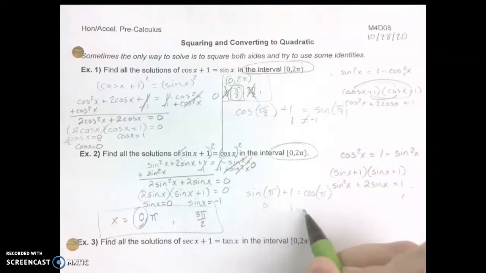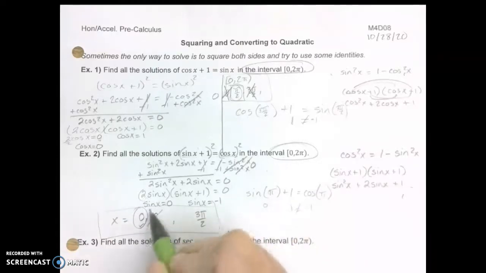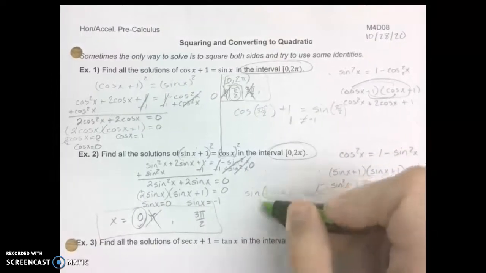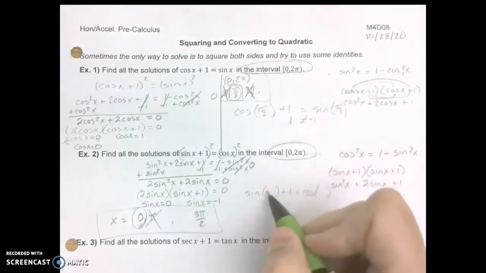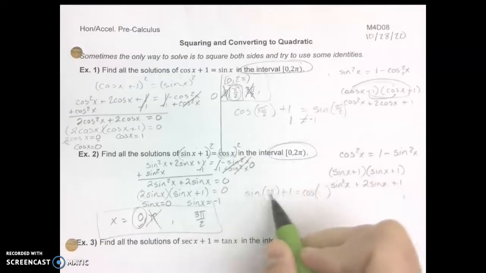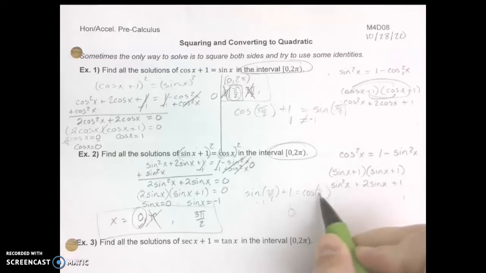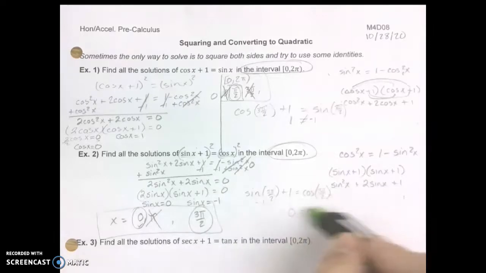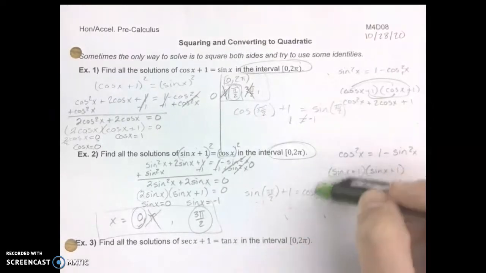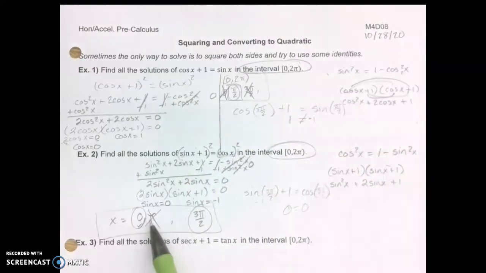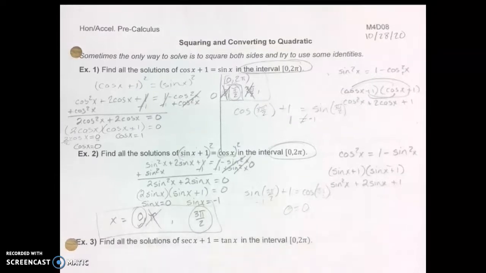Cosine of pi is negative 1, so these are not equal. Then we have 3 pi over 2. Sine of 3 pi over 2 is negative 1. Negative 1 plus 1 is 0. Cosine of 3 pi over 2 is actually 0, so that's also a solution. So we do have to check our solutions there and make sure that they work. In this example, pi did not work.